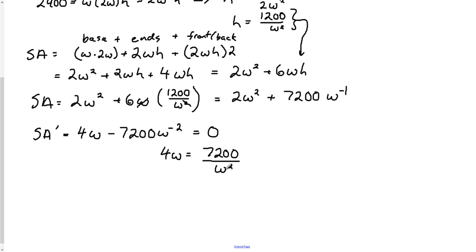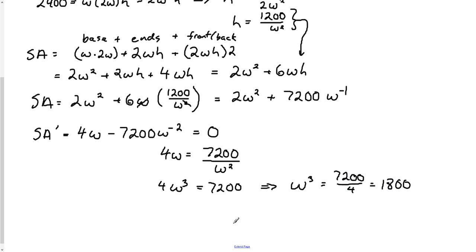I want to gather all of those w's together, so I'm going to cross multiply by w squared to get w cubed. Okay. And then I can divide by 4 on both sides, so this will become w cubed is equal to 7,200 divided by 4, which is 1,800.